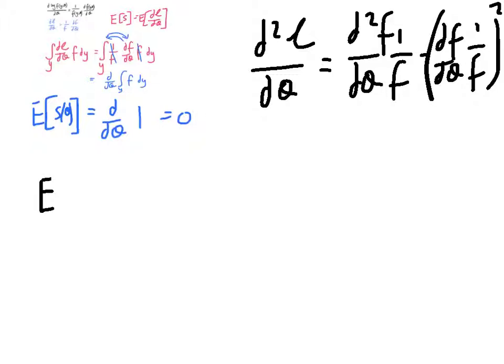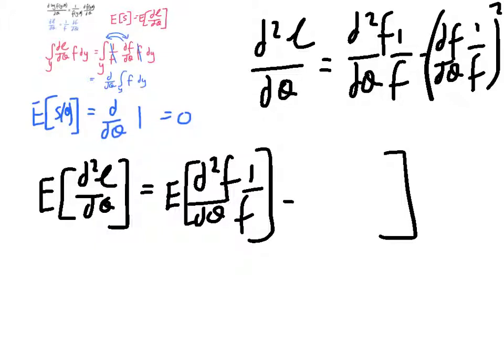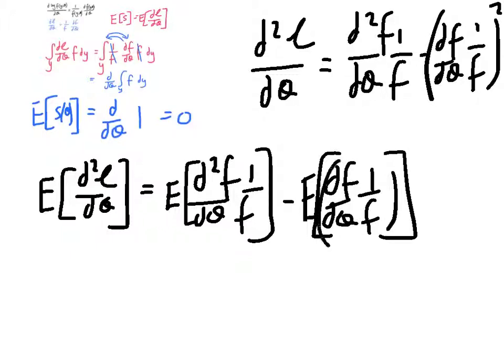The expectation of d2L d theta squared is equal to the expectation of all of these terms, and we can break them up: the expectation of the second differential of f times 1 over f, minus the expectation of df d theta times 1 over f, all squared.